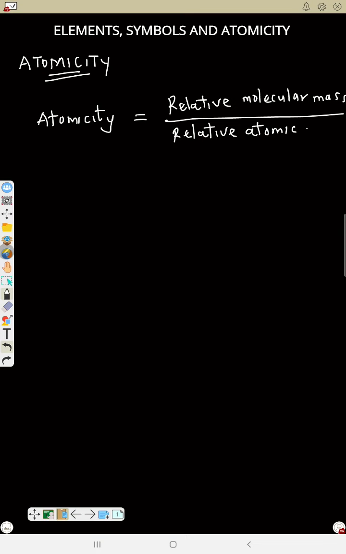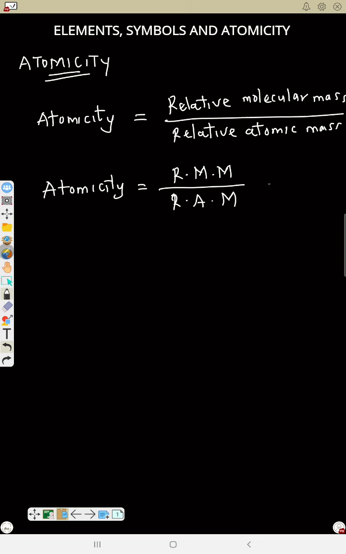I can shorten it: atomicity equals relative molecular mass, that is RMM, over relative atomic mass, that is RAM.